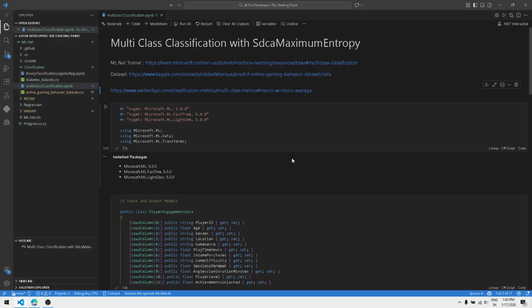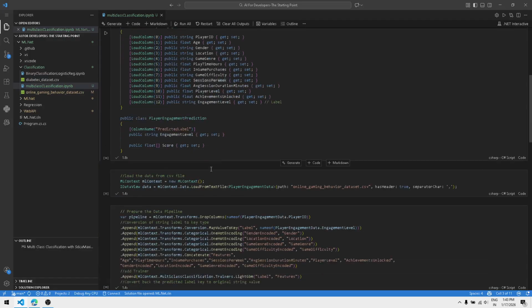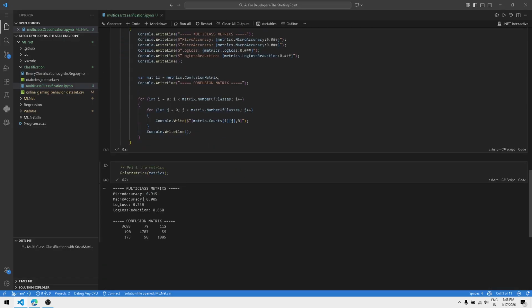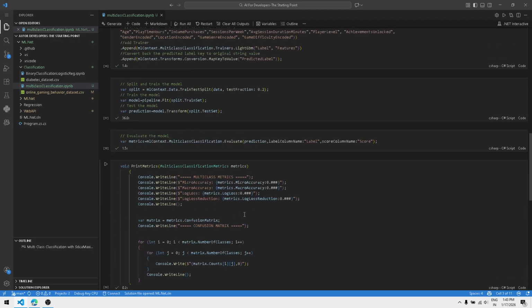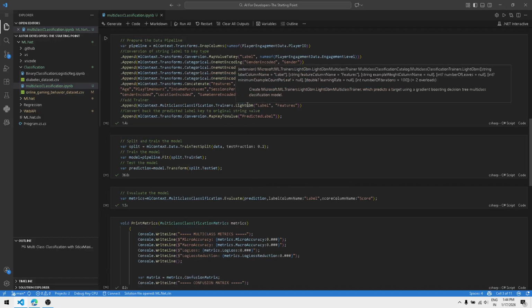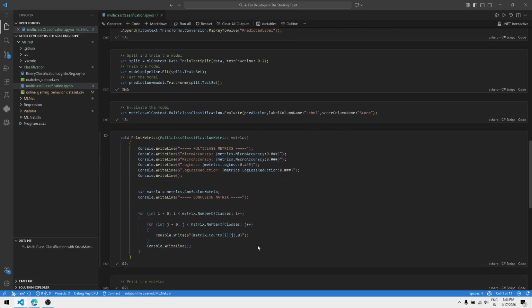Here we need to understand one more metric. Micro and macro are clear. The other one is log loss, also called cross entropy.